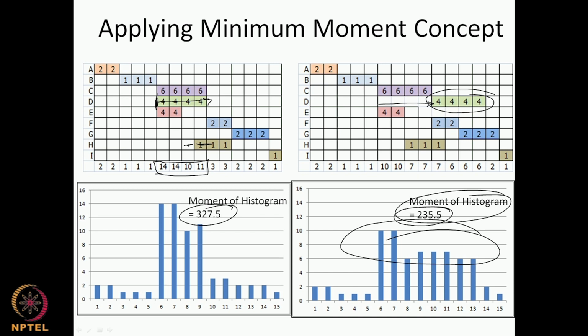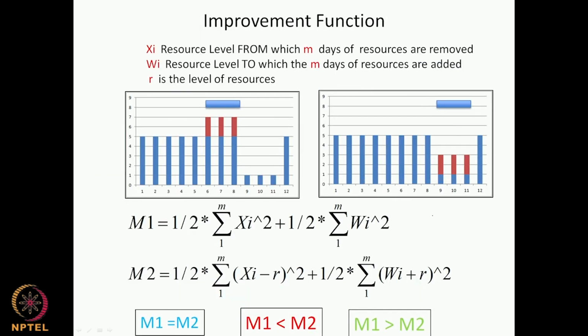So to be able to find out whether something should be improved or not, they've developed something called an improvement function. Rather than calculate the moment every time, if there is an activity here being moved across its float, each time it tells you whether the movement you are making is causing improvement.